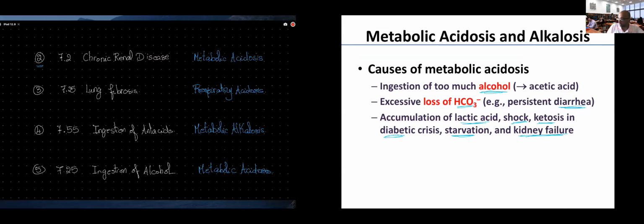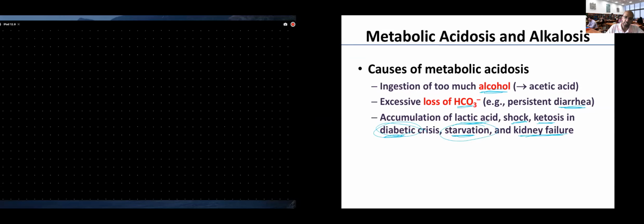So how can diabetes and starvation cause metabolic acidosis? It is something that we're going to be discussing in details when we get to the metabolism chapter. But just generally speaking, an overview of the concept on here. What is the problem with diabetes? Diabetes, I either don't have insulin or I don't have normal receptors for insulin.